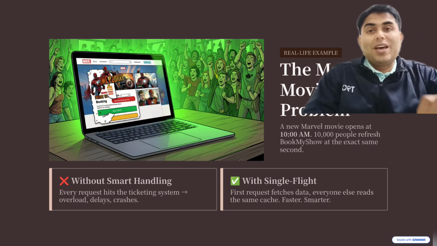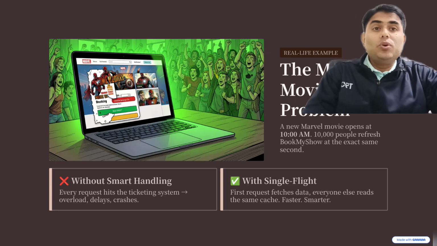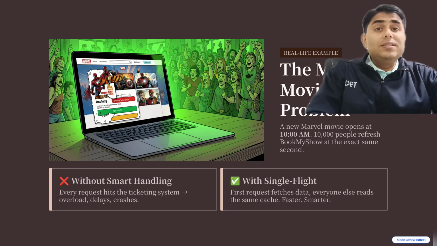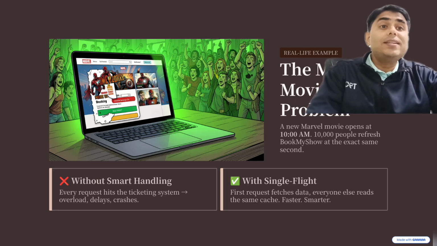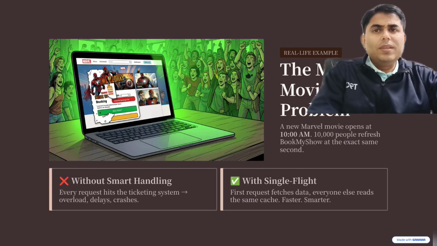At 10 a.m. sharp, everyone clicks refresh. Now imagine BookMyShow does not handle this smartly. Instead of one system fetching seat availability and sharing it, every single user request directly hits the ticketing system. What happens? Server overloaded, massive delay, possible crashes.